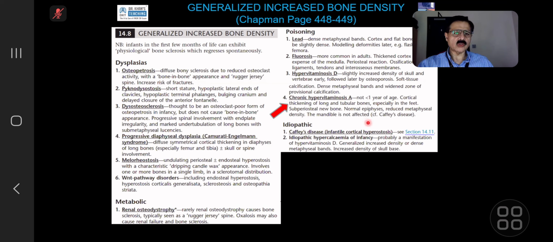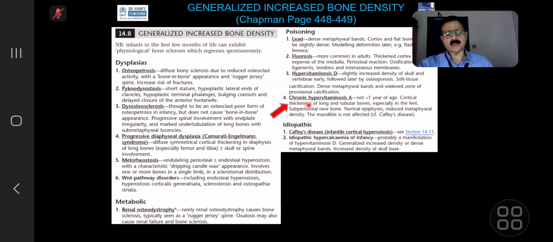One thing which I want to highlight is that look at these four poisonings. There are four poisonings: lead poisoning, fluorosis, hypervitaminosis D, and chronic hypervitaminosis A. We have not covered them and they are in the mandate for today, but I'll tell you the plan.